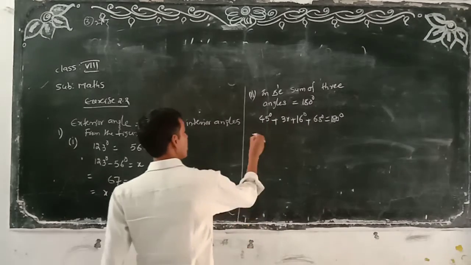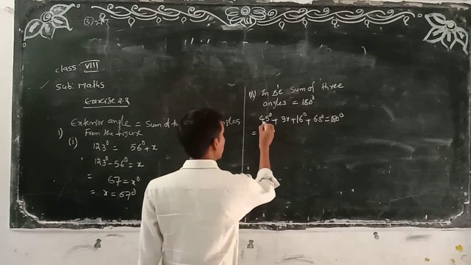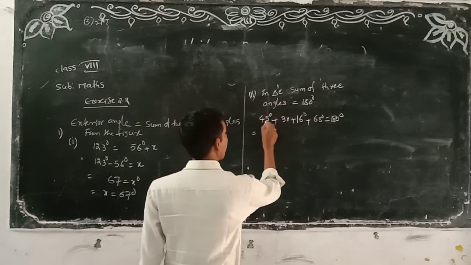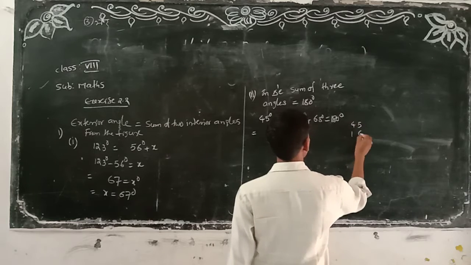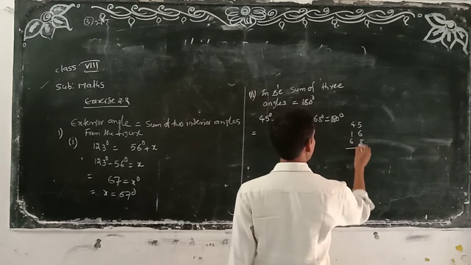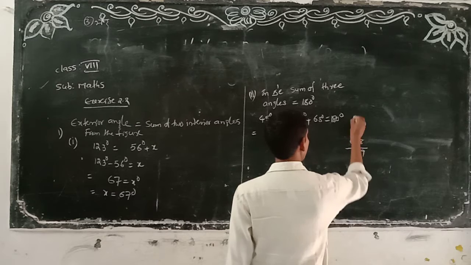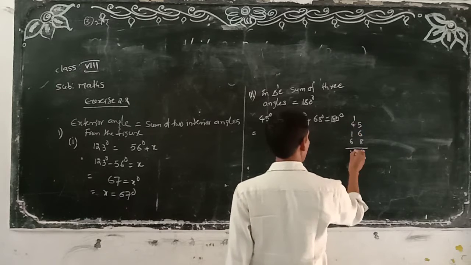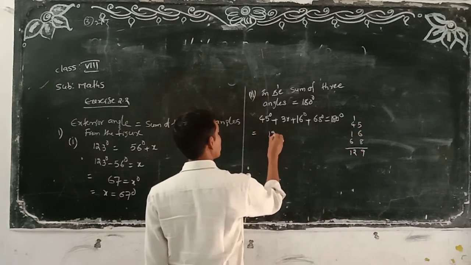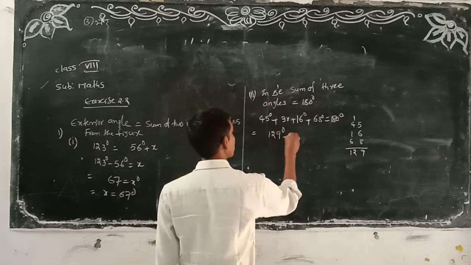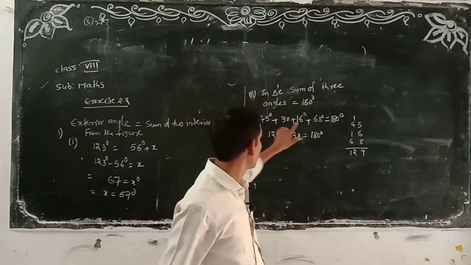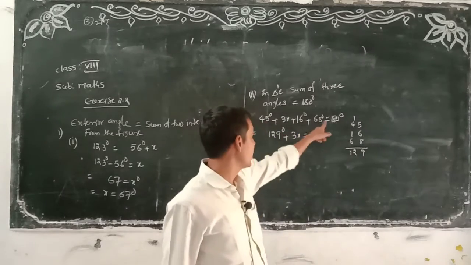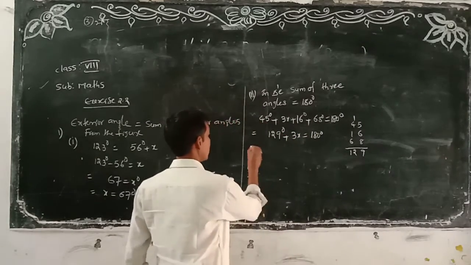Now add all the numbers: 45, 16 and 68. That gives 129. So 129 plus 3x is equal to 180. These three angles added equal 180 degrees.